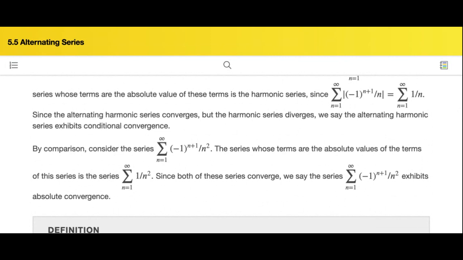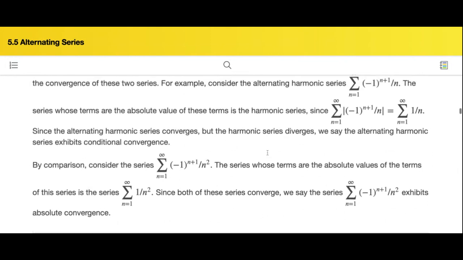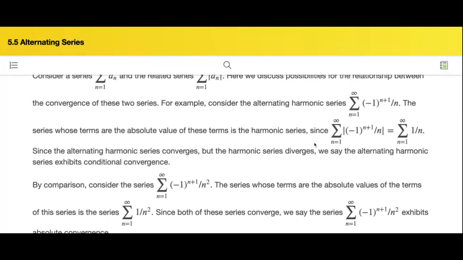Without the signs involved, it converges. Like the harmonic series, without signs involved, it diverges, but the alternating series converges. So that's conditional convergence.